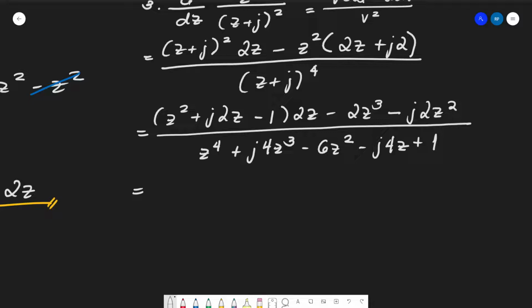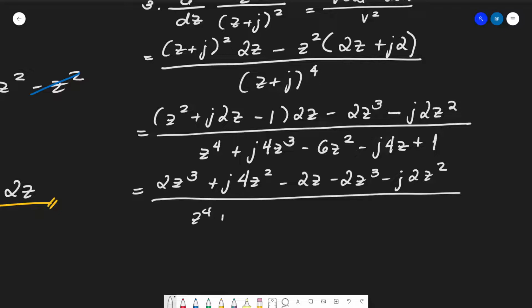So, yung taas, distribute natin. We have 2z cubed, next, plus j 4z squared, minus 2z, minus 2z cubed, minus j 2z squared, all over z to the fourth plus z cubed minus 6z squared minus j 4z plus 1.